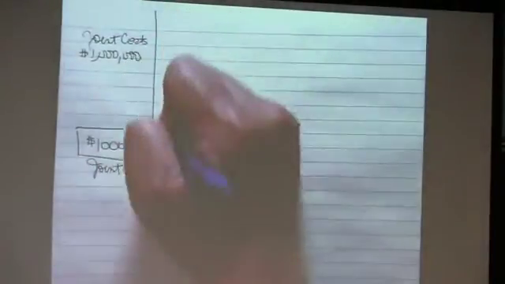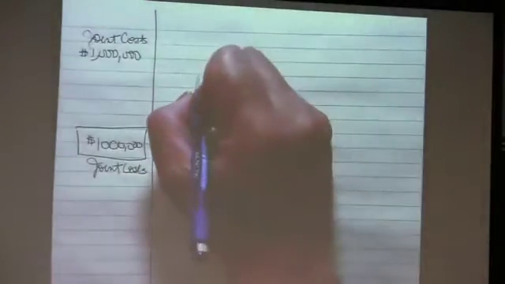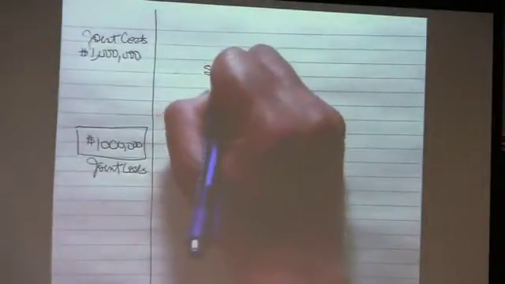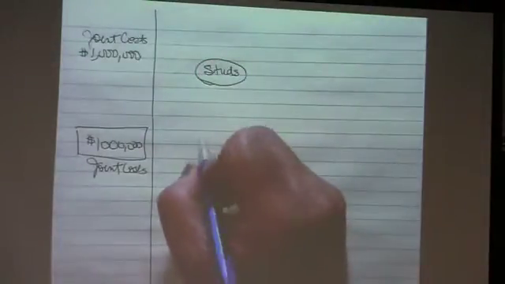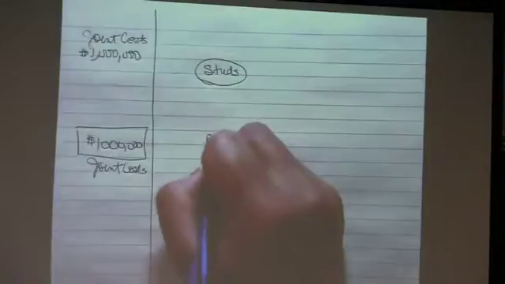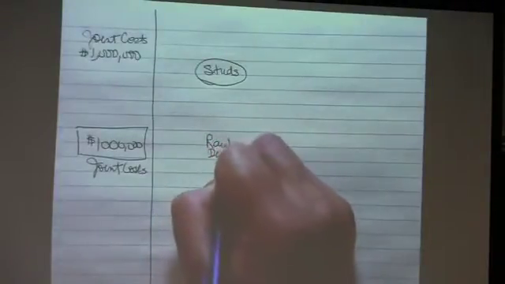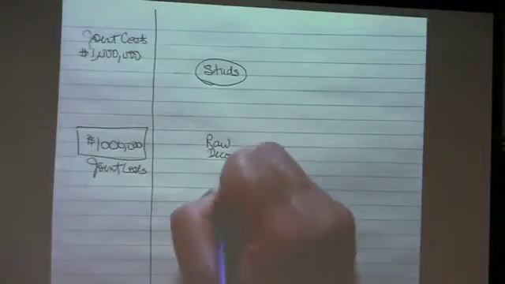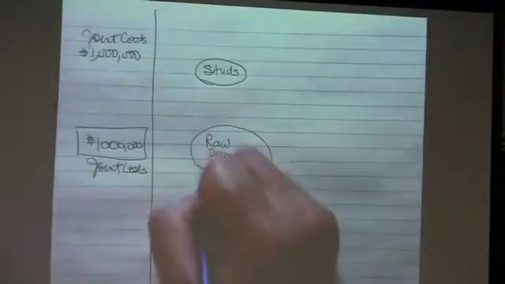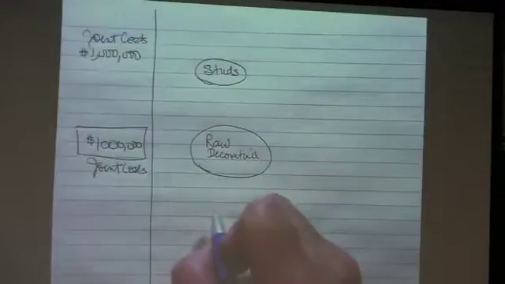And we're going to process that into 3 different products. We've got, first of all, the studs. We've got the decorative pieces, let's call it the raw decorative. And we've got the post.